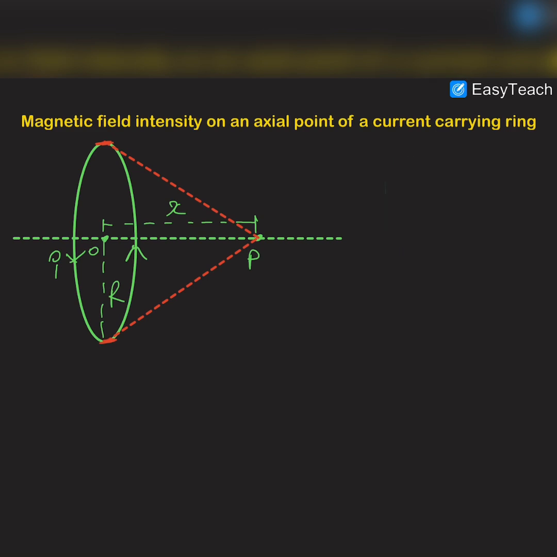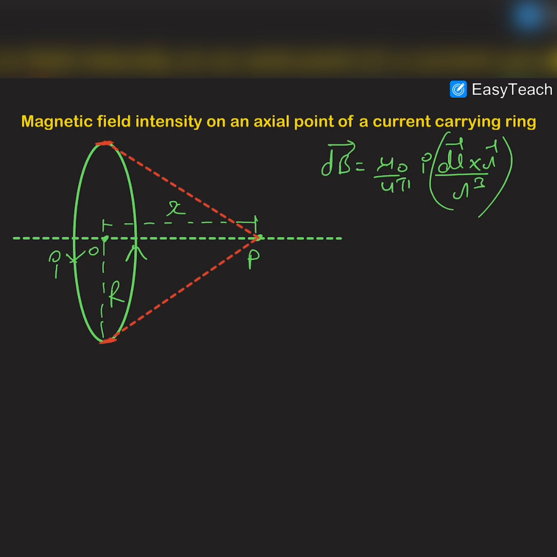Okay, now we know that according to Biot-Savart law, dB is equal to mu naught by 4 pi I dl cross r by r cube. This is the vector form of Biot-Savart law, and hence we can conclude that the direction of magnetic field dB will be in the perpendicular plane of dl and r.